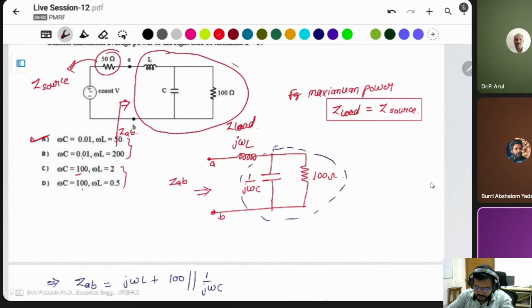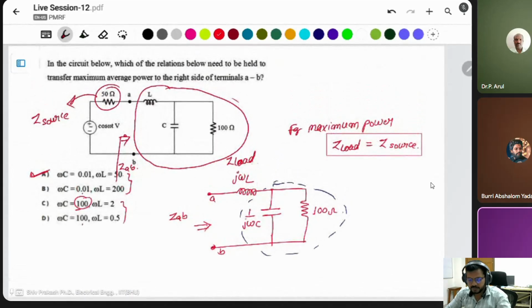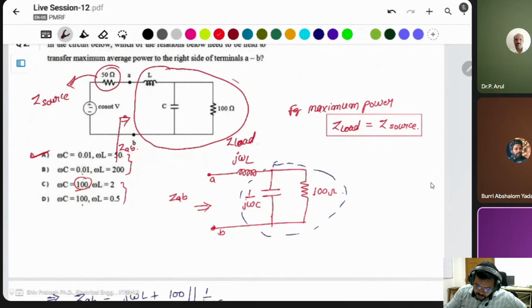If this has not matched both 50 and 200, then you have to check omega c equal to 100. Simply take the terminals. Where are the terminals given in the question? Terminals A and B are given.